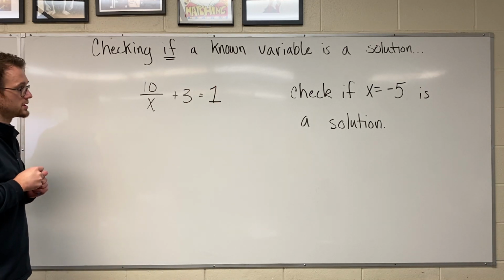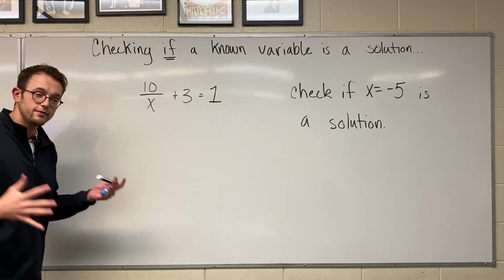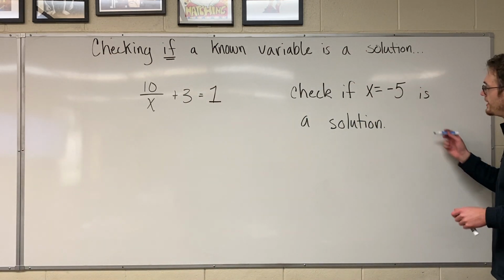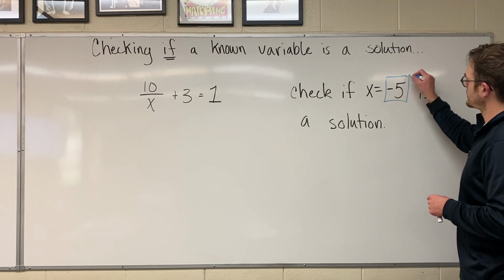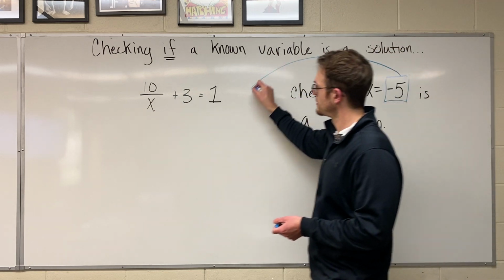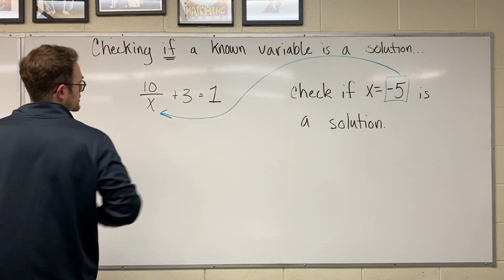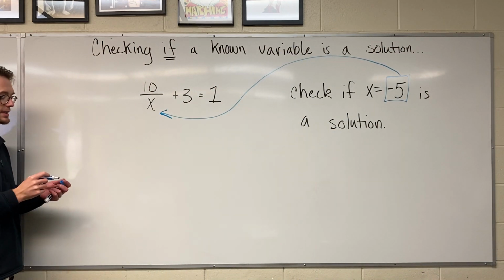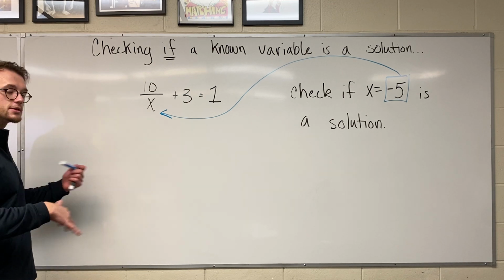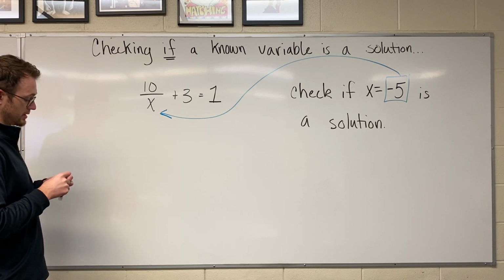All right, so I need to substitute in for x. I'm going to see if this is the solution, and I'm going to do that by substitution. I'm going to substitute it in for x and find out, yes or no, if it is a solution.